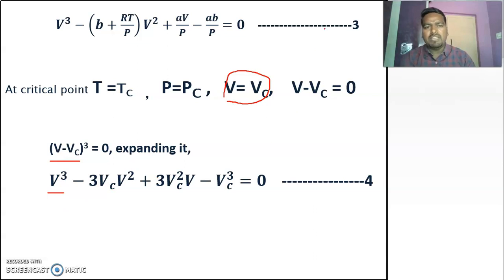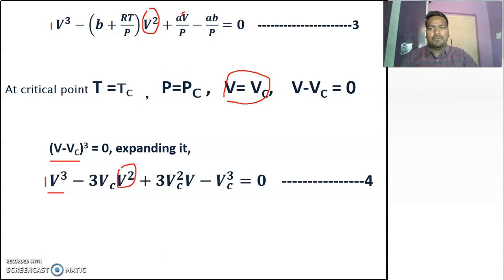Then if you compare equations 3 and 4, because at critical condition equations 3 and 4 become equal, compare the coefficients of equation 3 and 4. If you compare the coefficients of V cube, the coefficient is 1 in both equations. But the coefficient of V square here is B plus RT by P, and here 3Vc is the coefficient of V square.